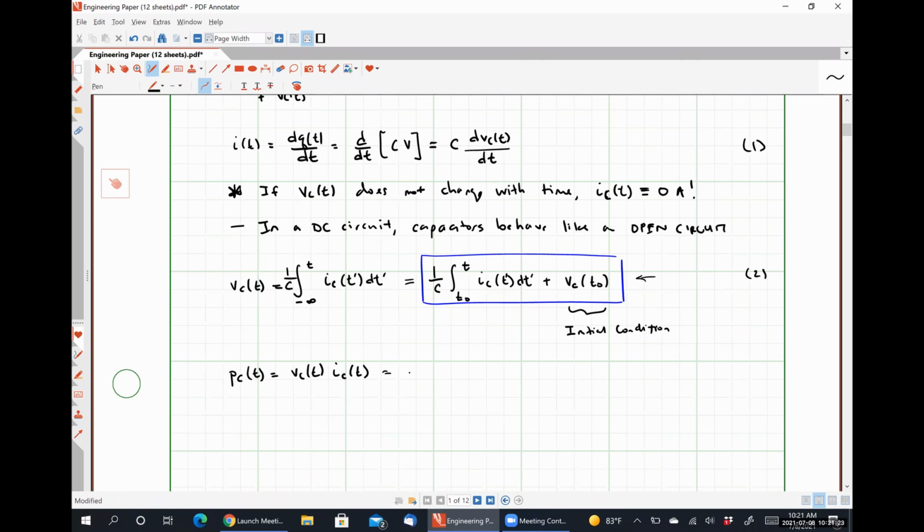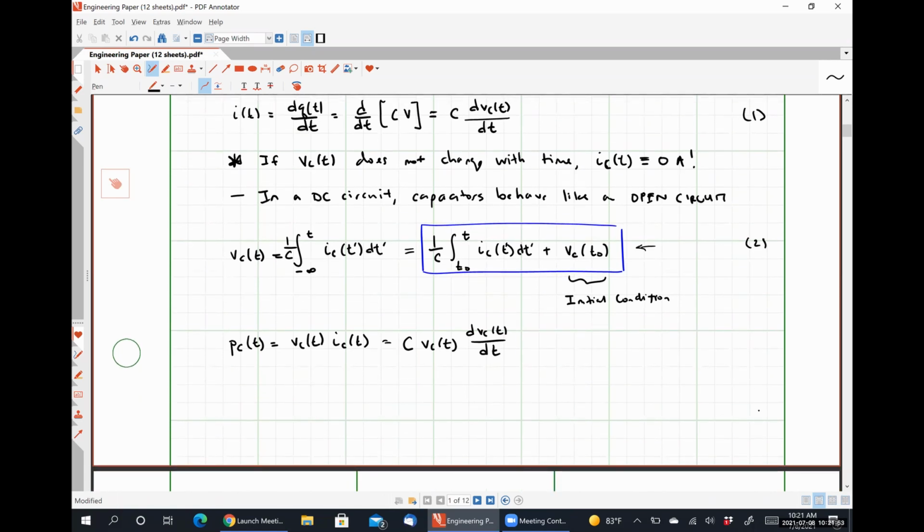And so this is going to become C times V_C(t) times the derivative of V_C(t). That's an odd little equation because it depends on both the voltage itself and the rate at which the voltage changes to tell us how much power is absorbed by our capacitor.